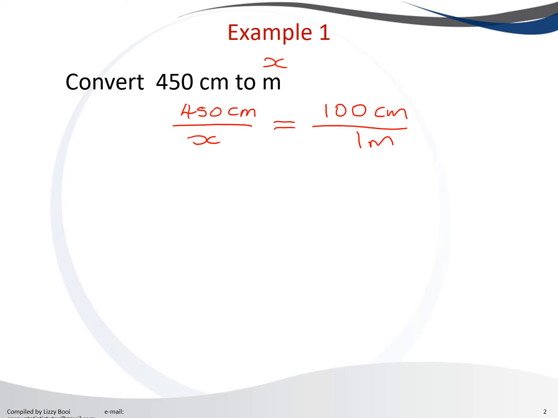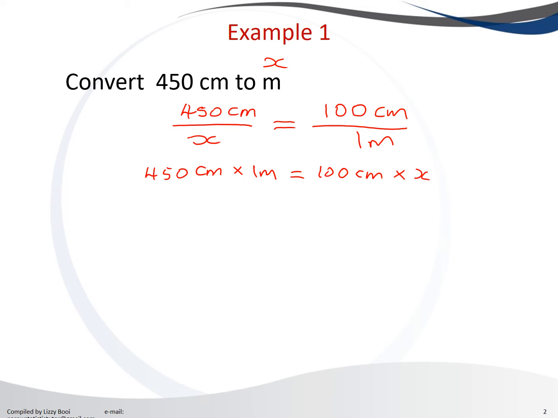So we're going to multiply 400 centimeters by 1 meter, and we do the same, we cross, 100 centimeters multiplied by our x.